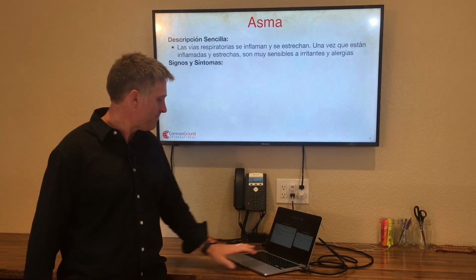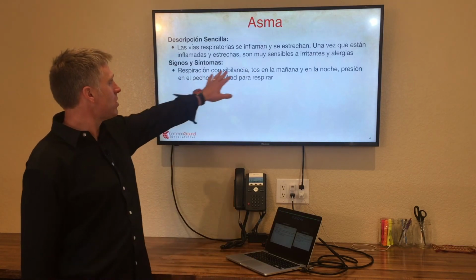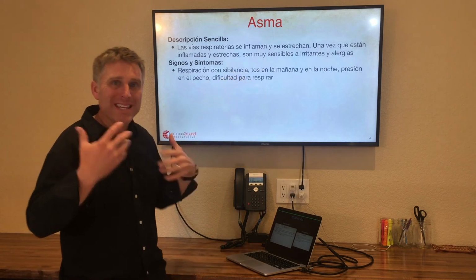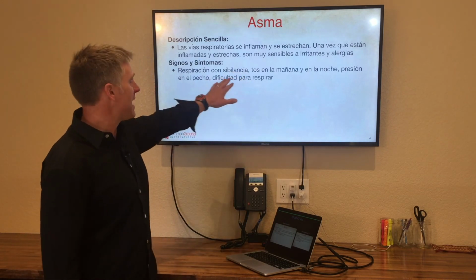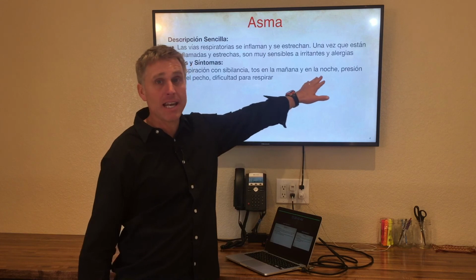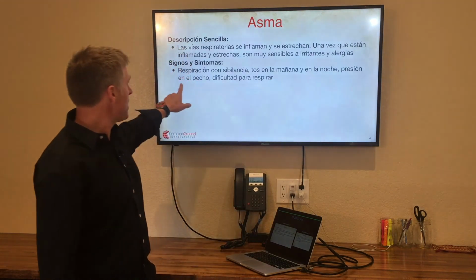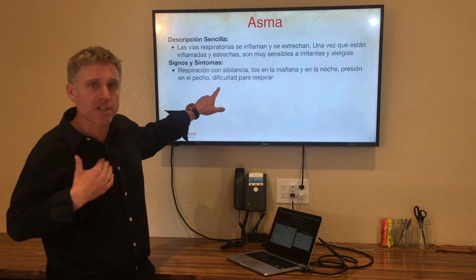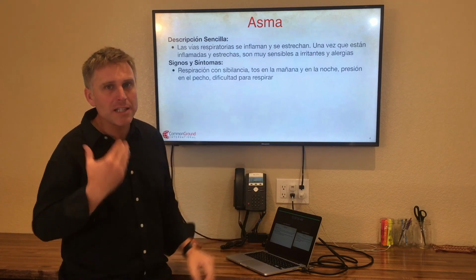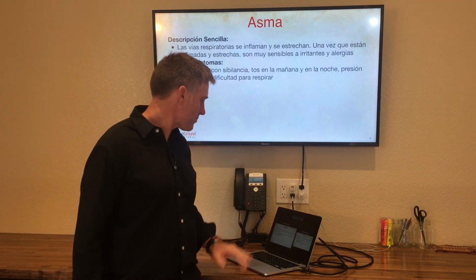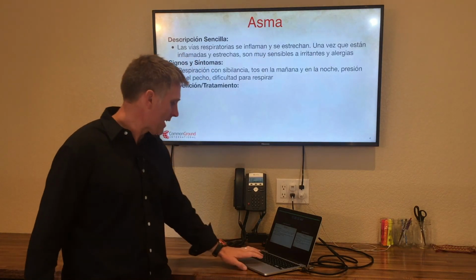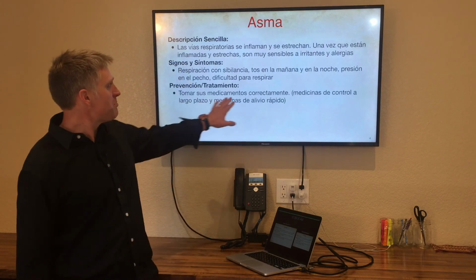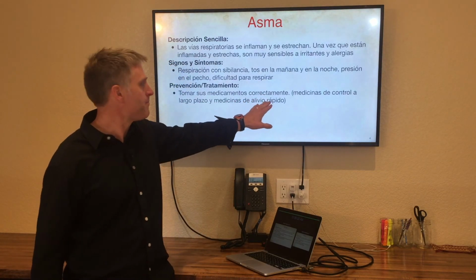Signos y síntomas. Respiración con sibilancia, so wheezing. Tos en mañana y en la noche. Presión en el pecho, pressure in your chest, dificultad para respirar. Prevención y tratamiento. Tomar sus medicamentos correctamente.